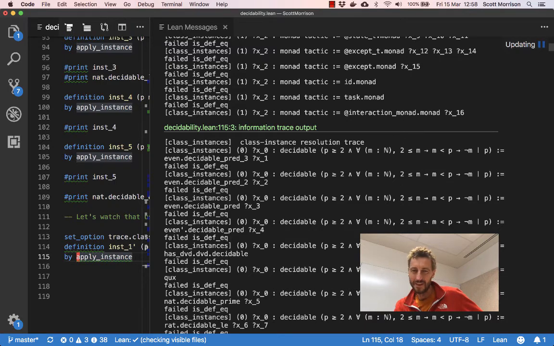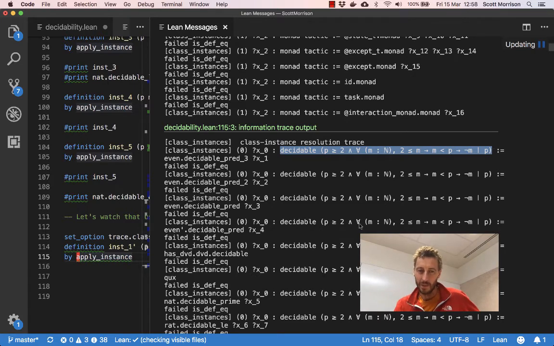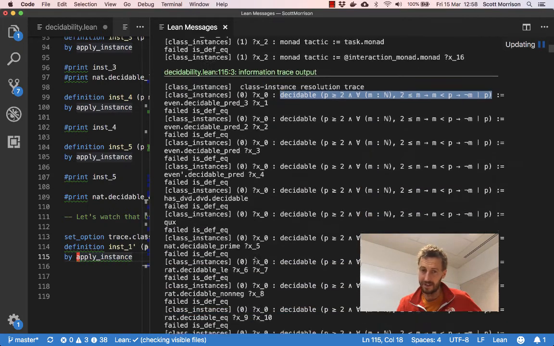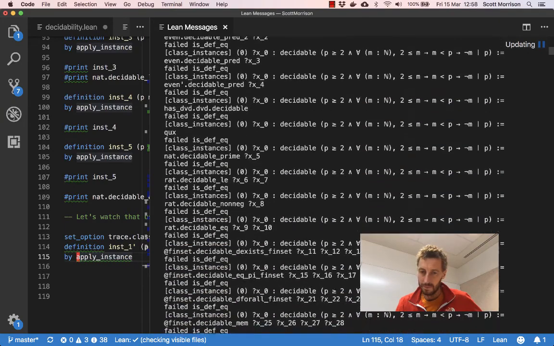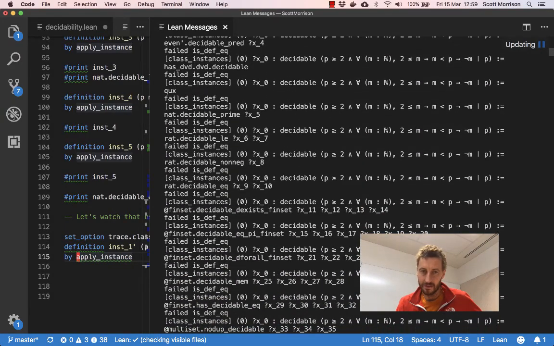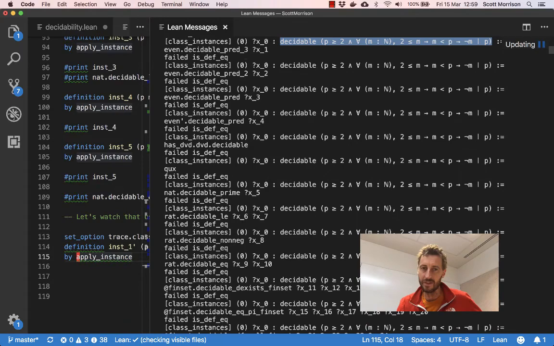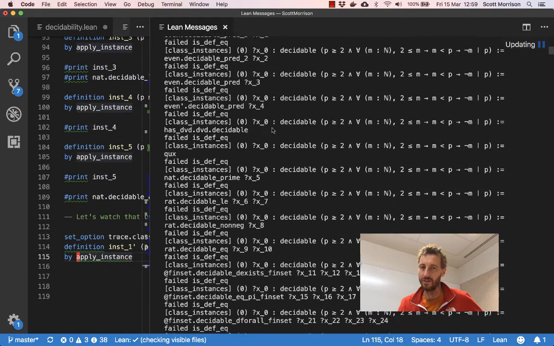And we can see that this is the one we're interested in, where it's looking for decidability of this AND statement. And if you look here, it tries a whole bunch of things, and they're all dumb, and they all get rejected with failed isDefEq. So you scroll down, and you can sort of tell where to scroll down to, because you can see we're still looking at level 0 of this search.